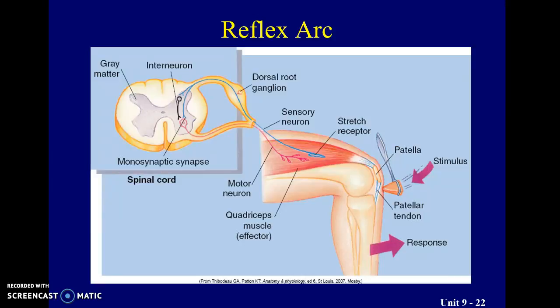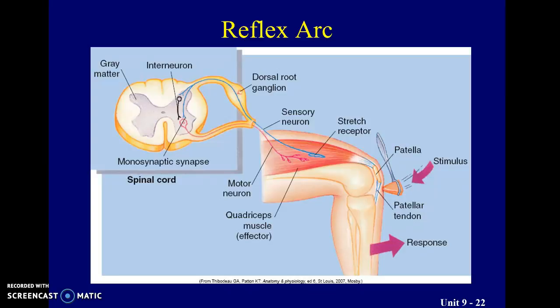So the striking of the patellar tendon with, say, a reflex hammer is going to activate a stretch receptor that will be carried by a sensory neuron, ultimately to the dorsal root ganglion. The information travels through the axon at that particular level, and then in through the posterior dorsal root of the spinal cord.